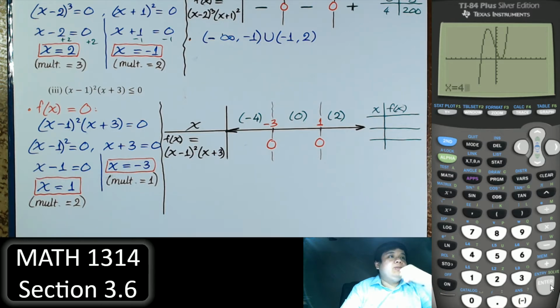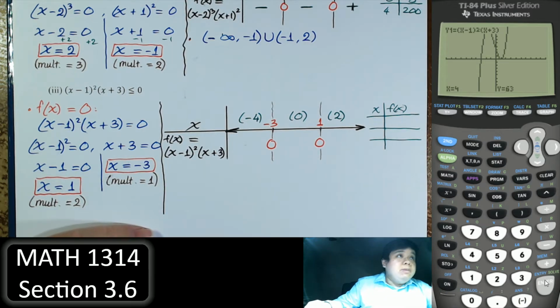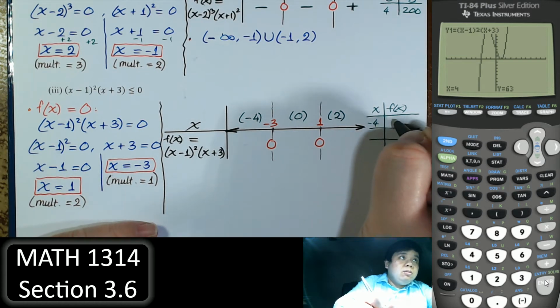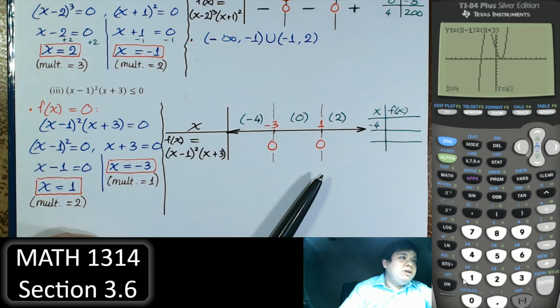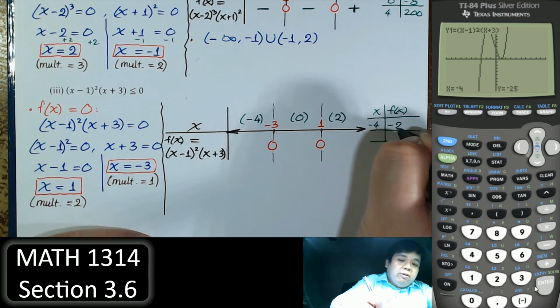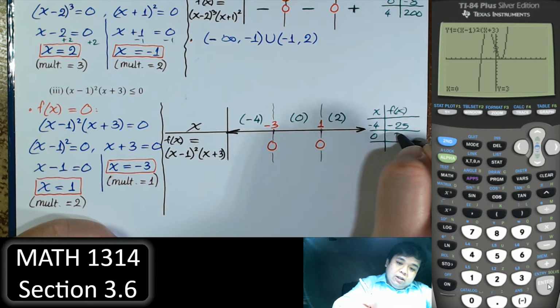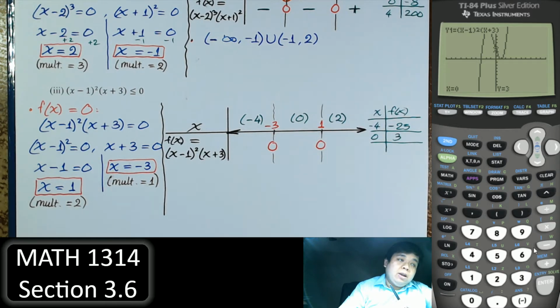At -4, it's going to be -25. At 0, 3, and at 2, 5.